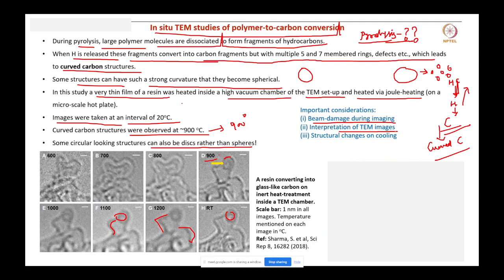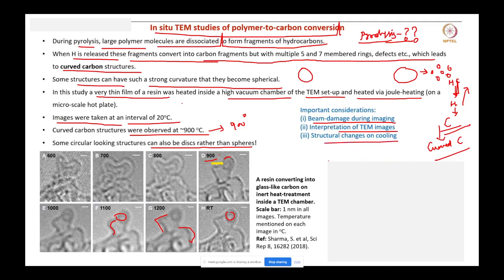But if you are well aware of micro imaging techniques like SEM or TEM, or FESEM, FIB-SEM, you will probably be able to handle this kind of imaging, and you will get better observations from this. Then the structural changes on cooling.